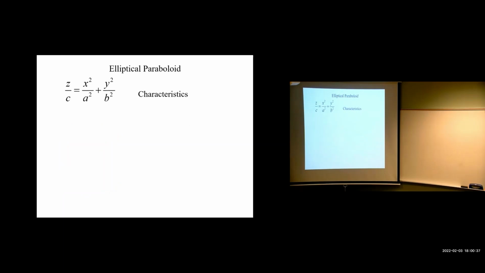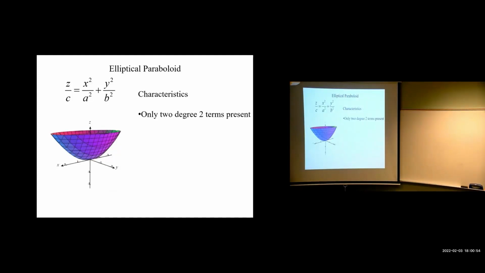An elliptical paraboloid, notice z is no longer squared. So what that creates is the paraboloid that we saw earlier, and it's elliptical if the a and b's and c's are not in ratio with each other. So this is going to happen if you have 2 degree 2 terms and 1 non-degree 2 term.